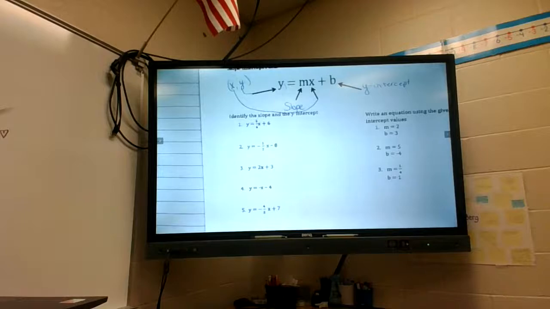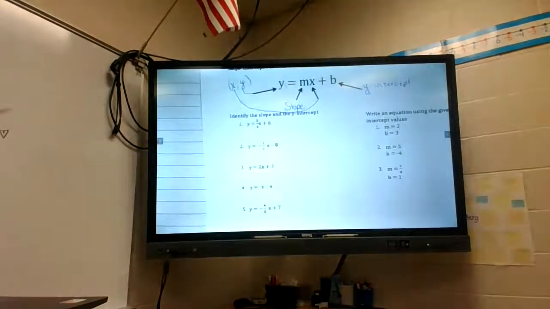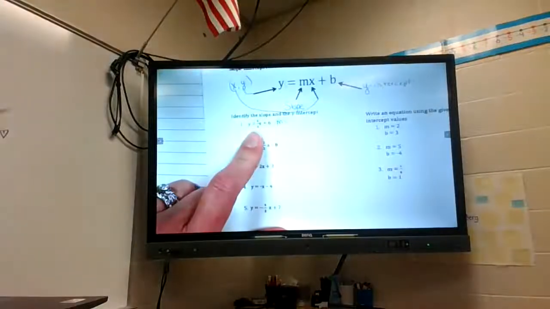Yep, that's okay. All right, identify the slope and the y-intercept. So when you look at the equation, what's the slope? What's the y-intercept? For number one, what is our slope in this first equation?